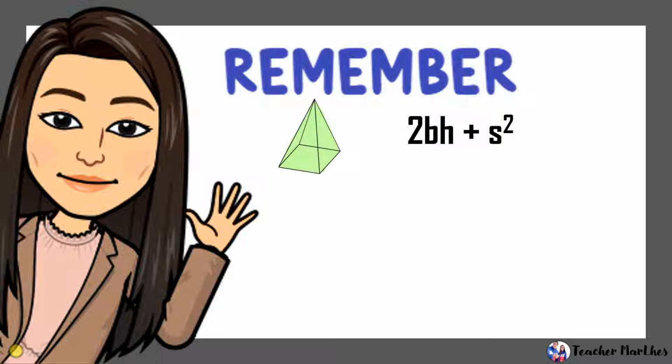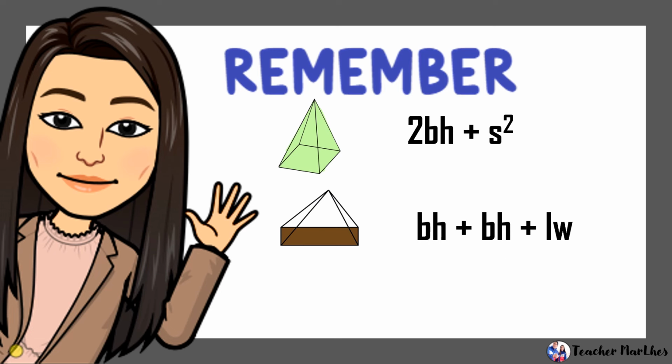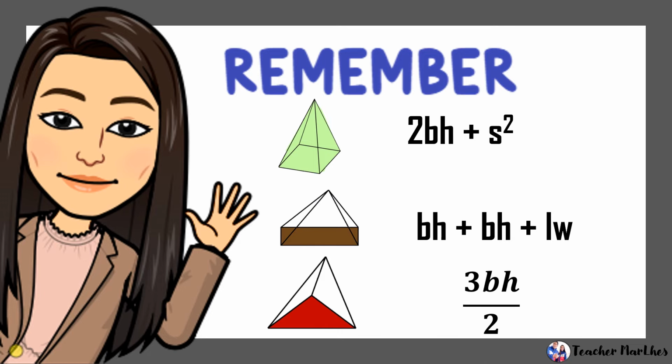For square pyramid, so the formula is 2 times base times height plus s squared. For rectangular pyramid, the formula is base times height plus base times height plus length times width. Then, for triangular pyramid, we have 3 times base times height divided by 2.